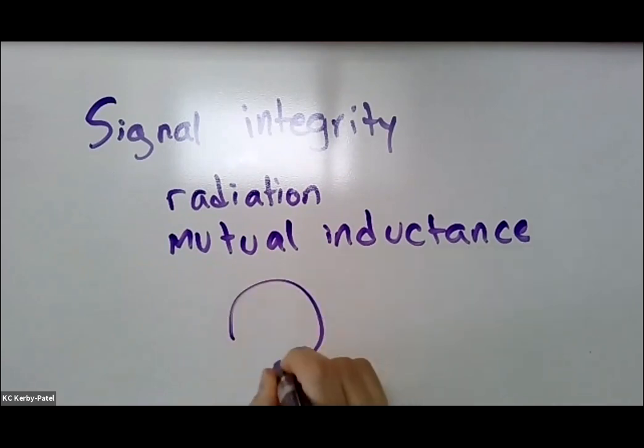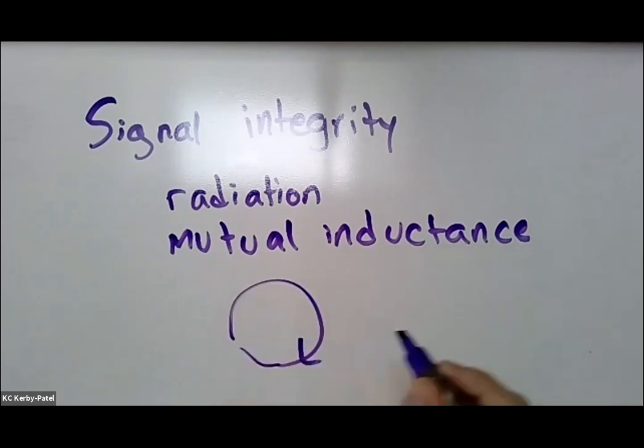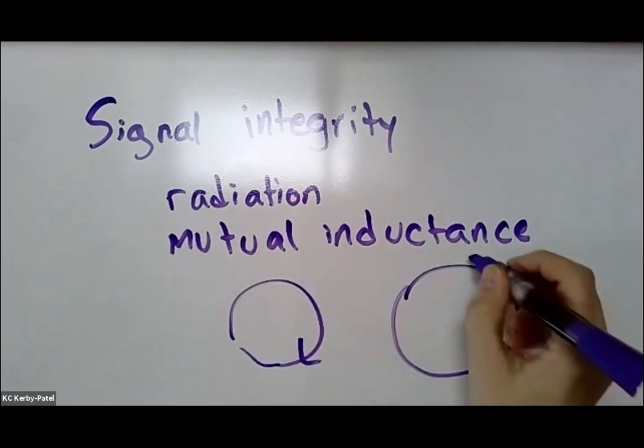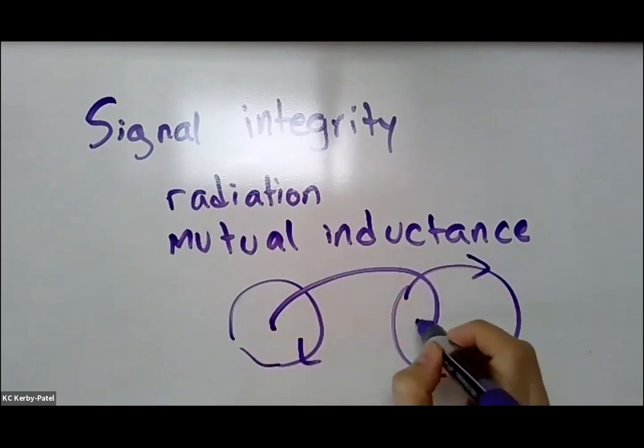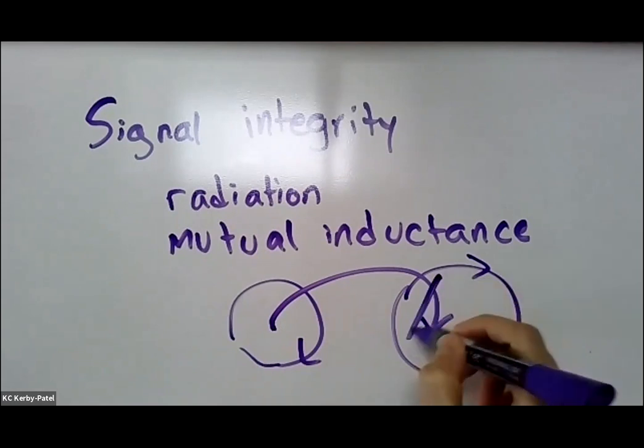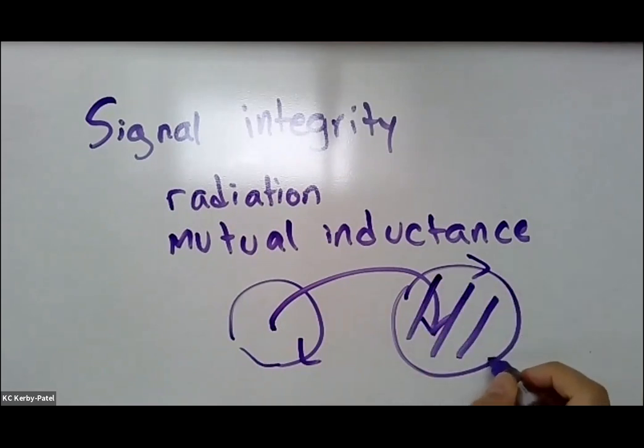That's when you have one loop of current over here and another circuit over here, and this one generates a magnetic field that creates some flux that goes through this one, and then you have another induced current on the second circuit due to the first one. So that can be interesting, to say the least.